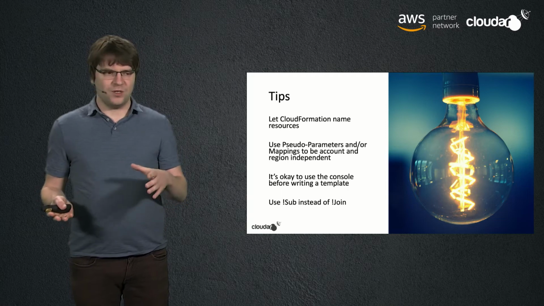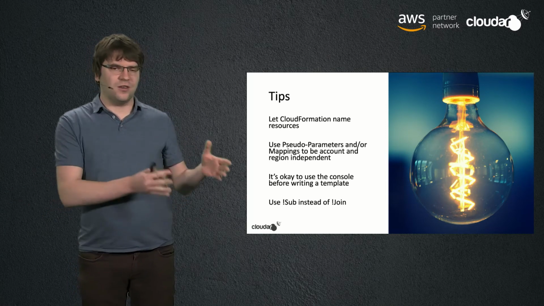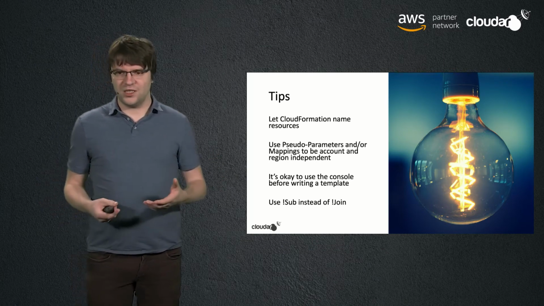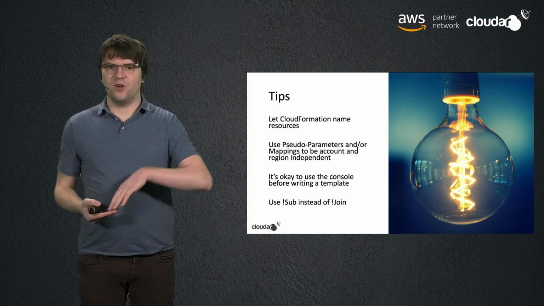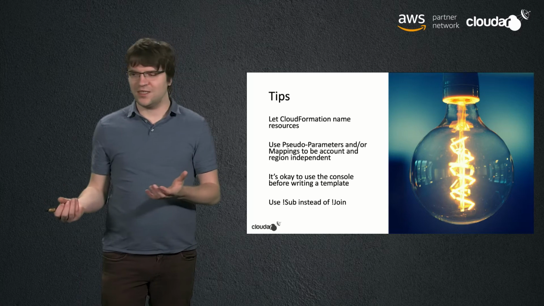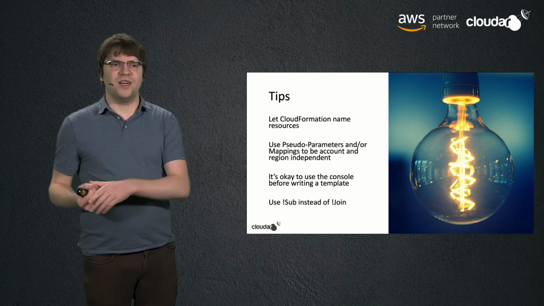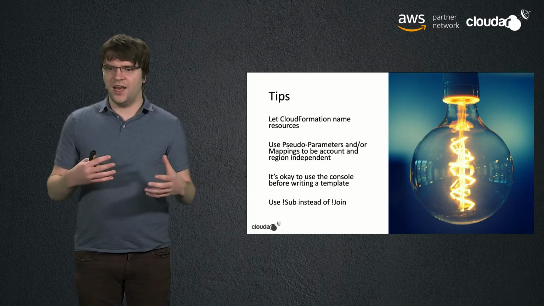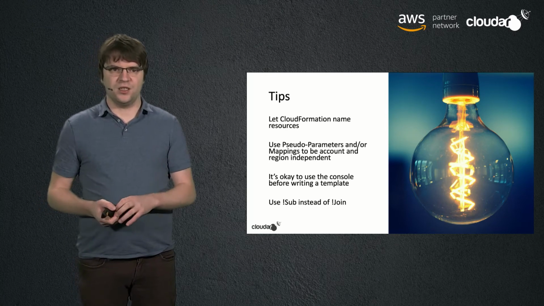In the same way, for some resources it's okay to pick your own name because they're tied to your region and account, but if you want to update that resource and it needs to be replaced, CloudFormation will always first create new things and then destroy the old ones. So if that resource would have the same name, it would not be able to create a new thing first. You would have to do some strange things and do updates in 2 steps just to be able to replace things.